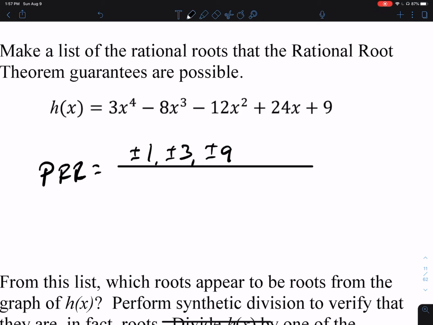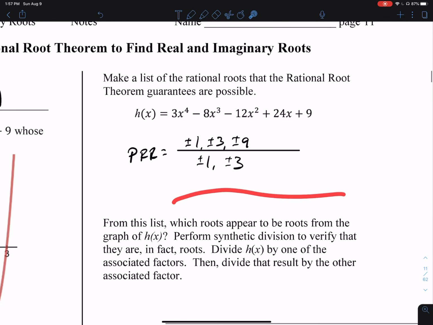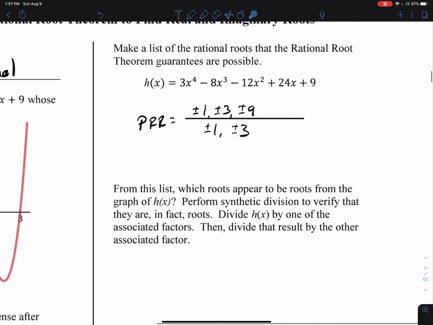We're going to take the factors of 3, the lead coefficient, put that in the denominator. Every combination of number on the top and the bottom would be a possible rational root. I'm not going to actually write them all out. I just don't think that that's very helpful.